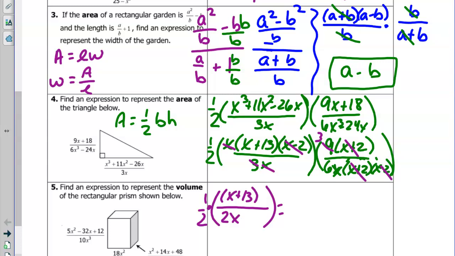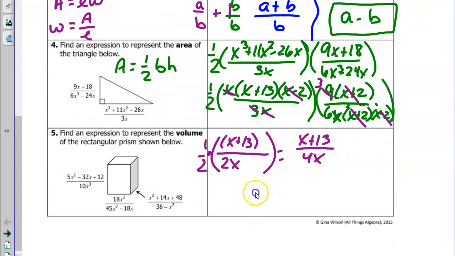So half of 2 times 2 gives 4, there you go. So you would have x plus 13 still at the top and then 4x in the bottom. We wouldn't multiply the 1 half through the x plus 13. We just combined it with the 2 to get a 4. And that is this one.